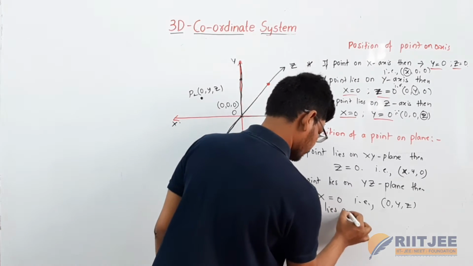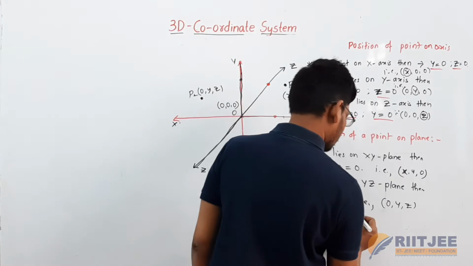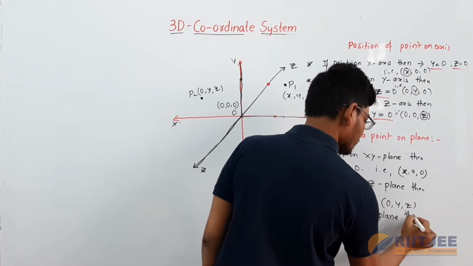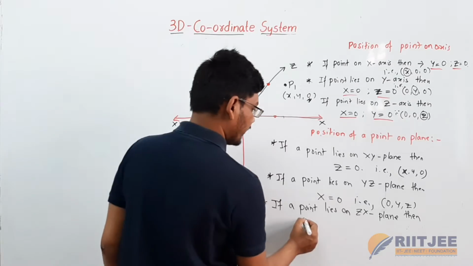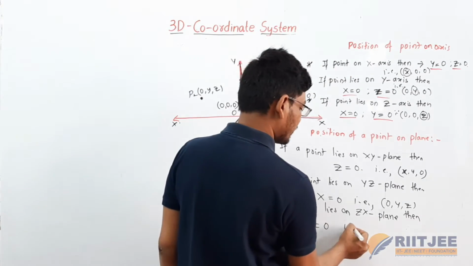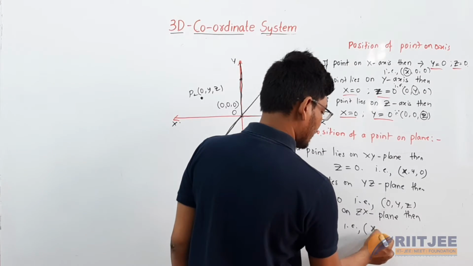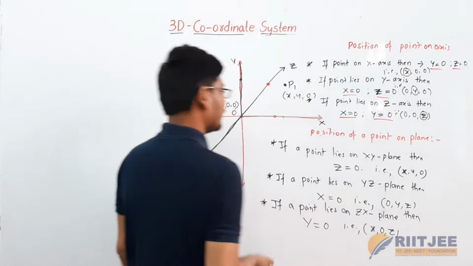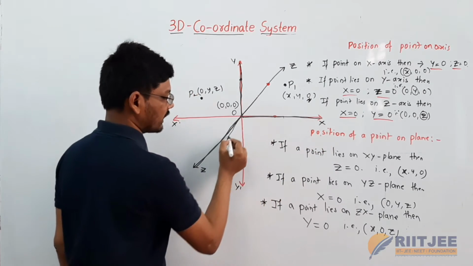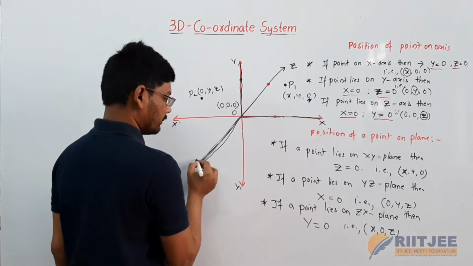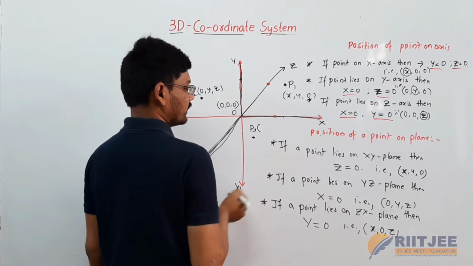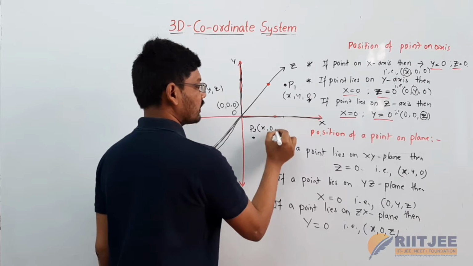And the next one is, if a point lies on the zx plane, then the y value will be 0 here. Then the position of the point is like this: x comma 0 comma z. This is the xz plane, the base is nothing but the xz plane, this is the point P3, and the position of the point is x comma 0 comma z.